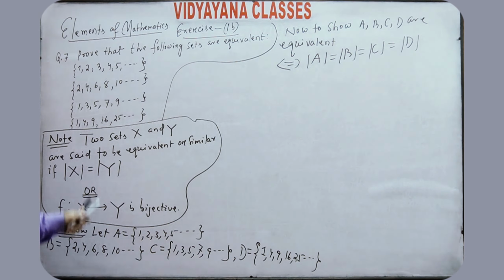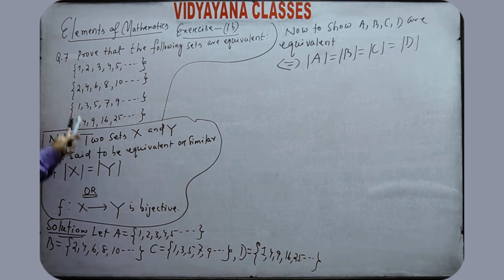Clear? We have to show these sets are equivalent. That means the number of elements in this set is the same as the number of elements in this set, which is the same as the number of elements in this set and this set.